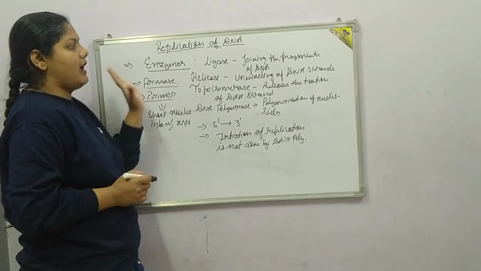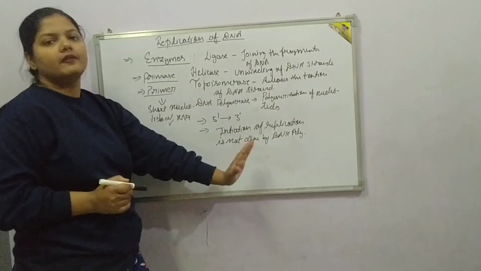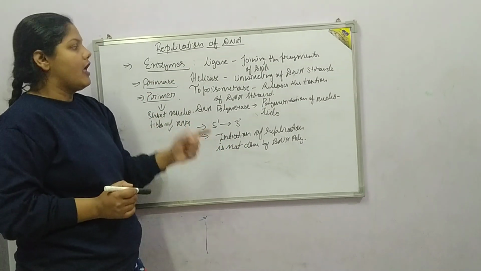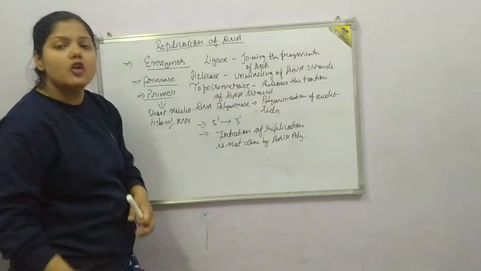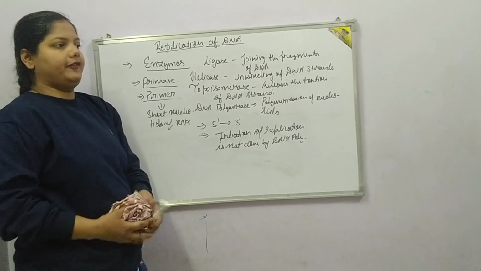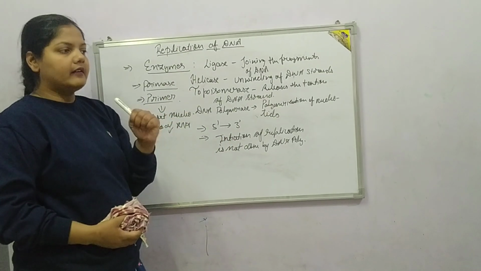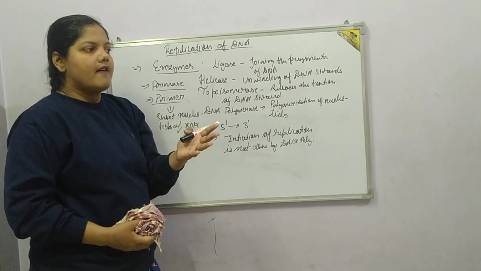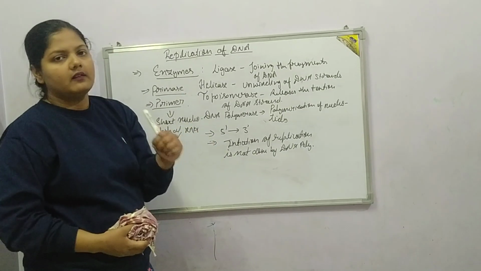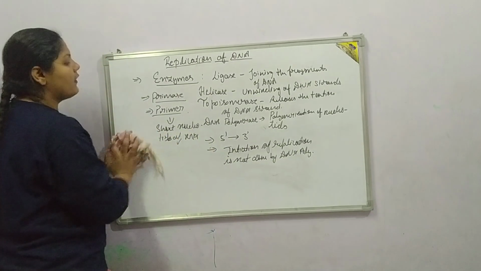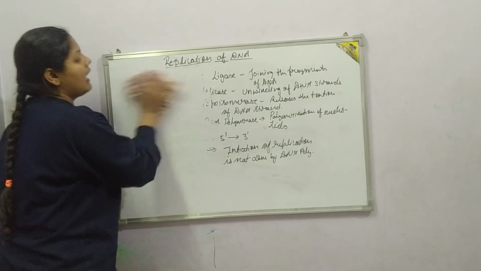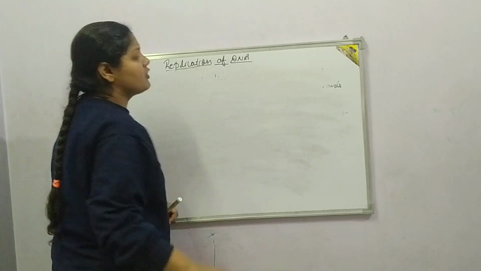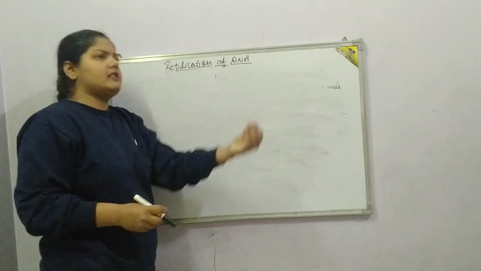So these are all enzymes which are required in the process of replication. Now we come on to the machinery of replication, that in the DNA strand, which are the structures which help in replication. First of all we'll talk about the ori site. Replication is not initiated from any site of DNA.